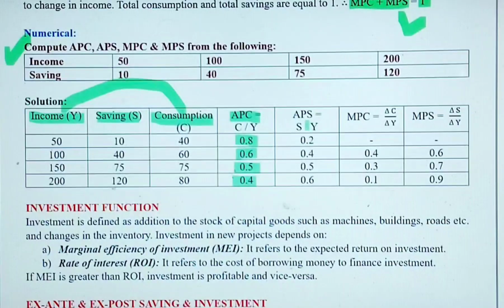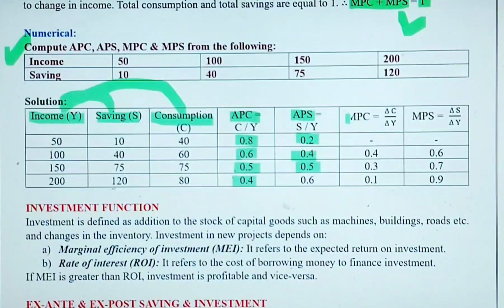Now to calculate APS, savings by income. That is 10 by 50, which is 0.2. Then 40 by 100, this is 0.4. 75 by 150 gives you 0.5, and like that.